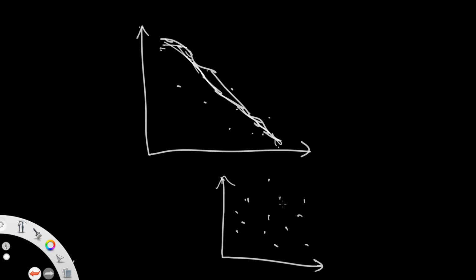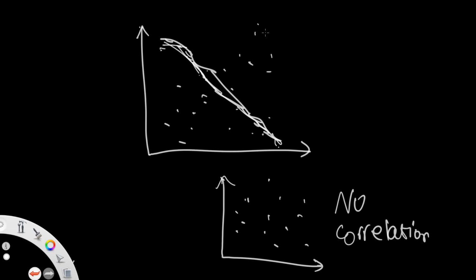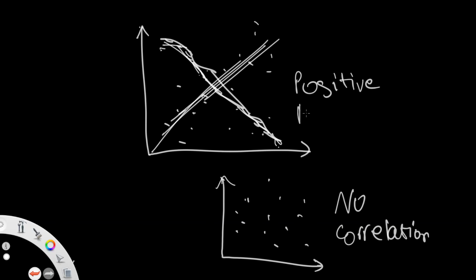So this would be no correlation. And similar to the negative correlation, if all the points show an upward trend, then this means that it has a positive correlation. So there's positive, negative, and no correlation.